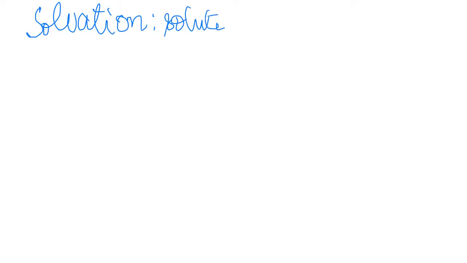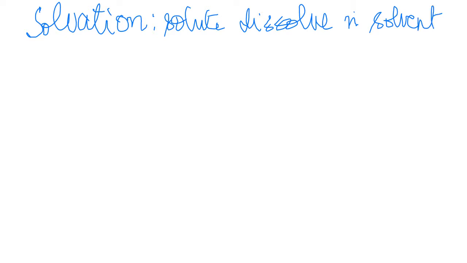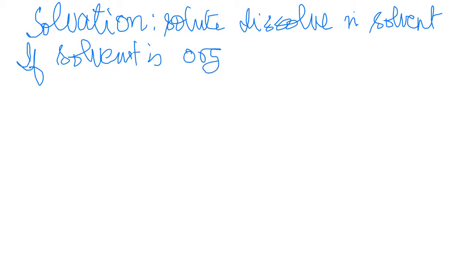So there are two types of solvation. Number one, what is solvation? A solute dissolves in a solvent. If the solvent is any organic solvent, it is called solvation.